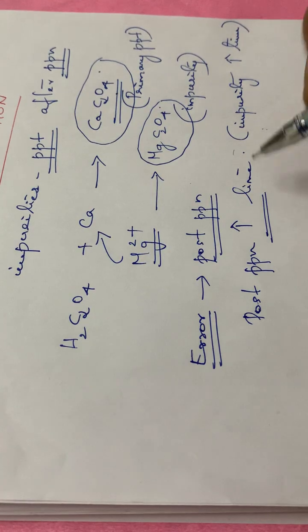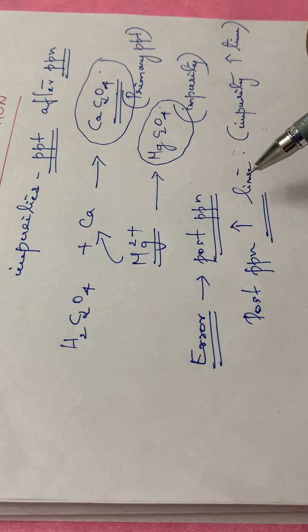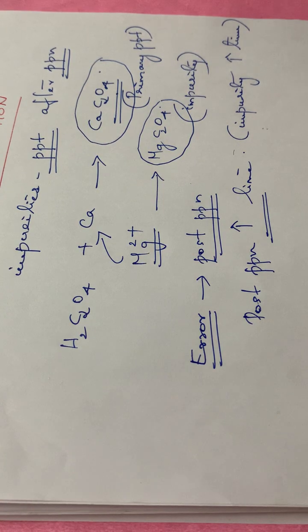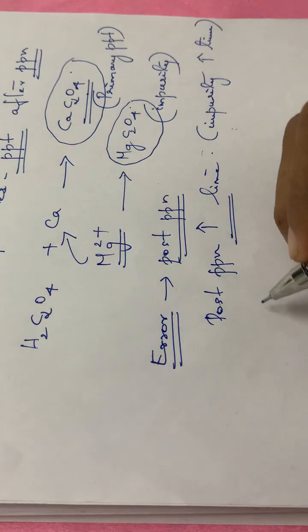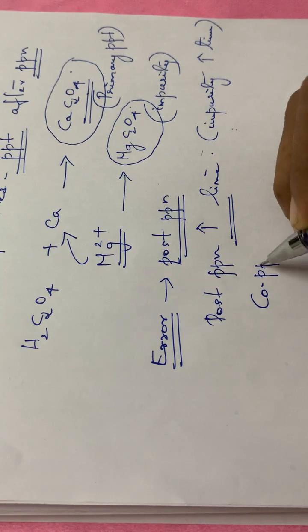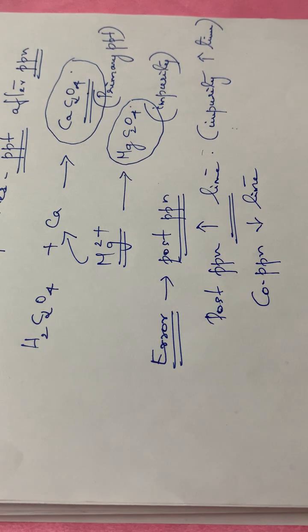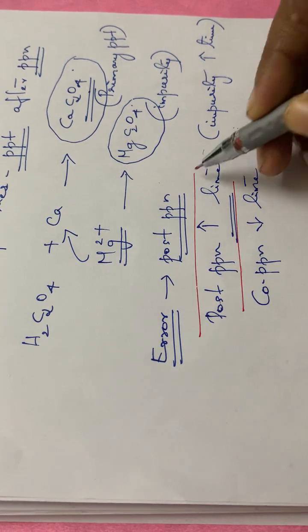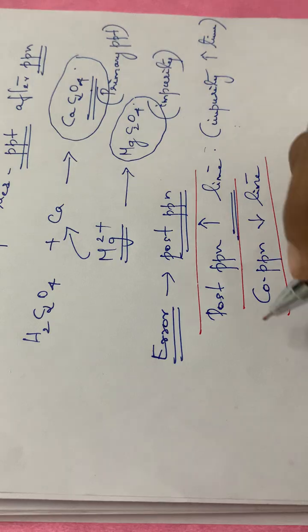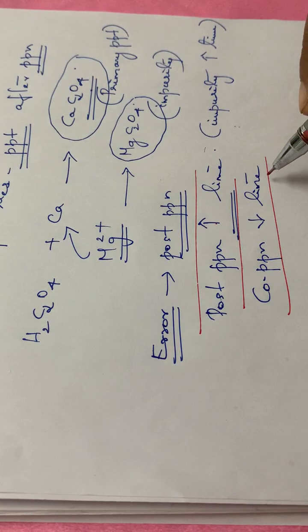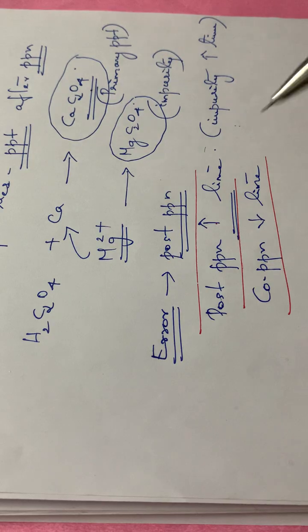So as soon as the precipitation is complete, we have to separate the precipitate from the mother liquor, otherwise post precipitation will occur. But co-precipitation decreases with time, while post precipitation increases with time.